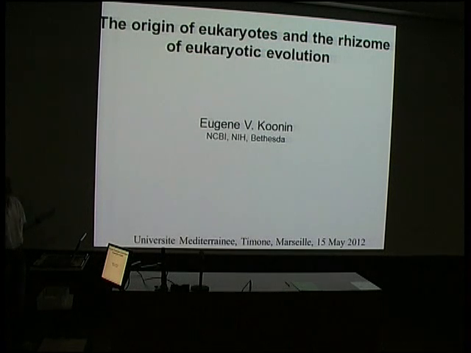I want to talk to you about the diversity of the sources in the evolution of eukaryotes. Now, if I understand correctly, most of the audience here includes microbiologists. We work on bacteria and viruses, and you might wonder why this is relevant at all. But I hope we will see during this talk why this is very directly relevant.